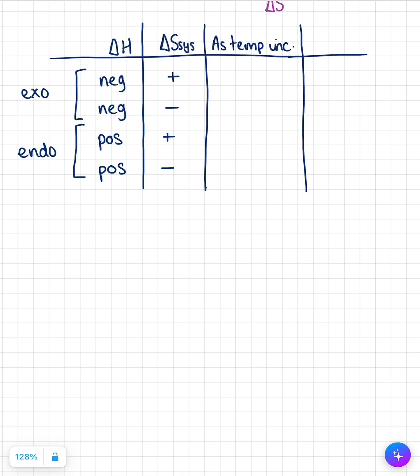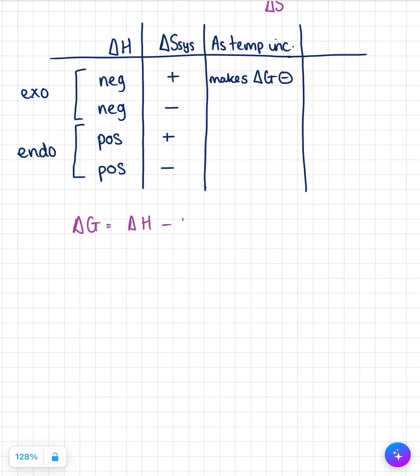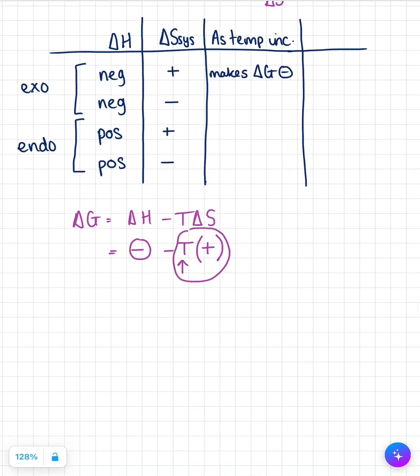So for an exothermic reaction with a positive entropy of system, it makes delta G more negative. Why? Delta G equals delta H minus T delta S. So if our delta H is negative, and then we are looking at a positive value here, as temperature increases, we are going to end up with a larger positive number.